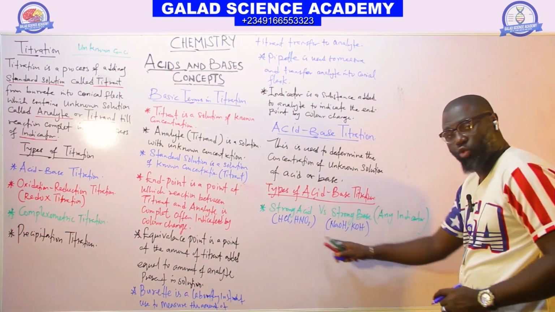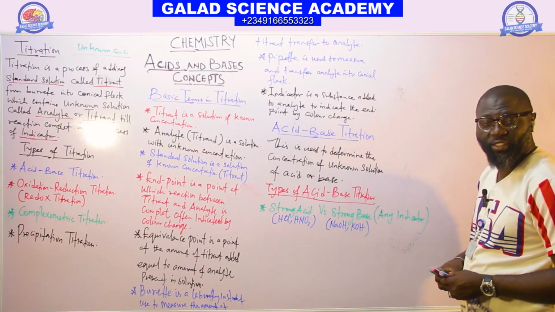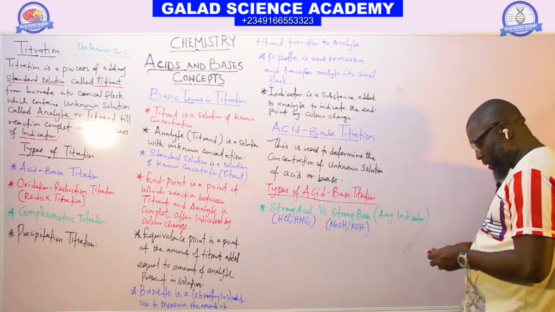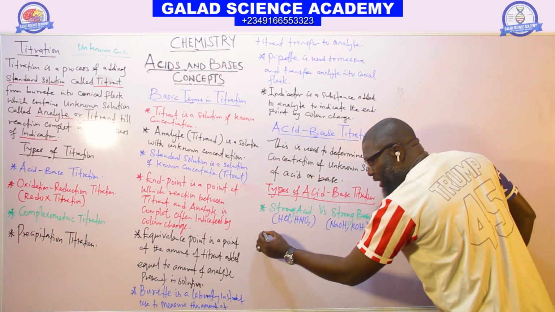For the titration of any one of these two, you can use any indicator, methyl orange or phenolphthalein.